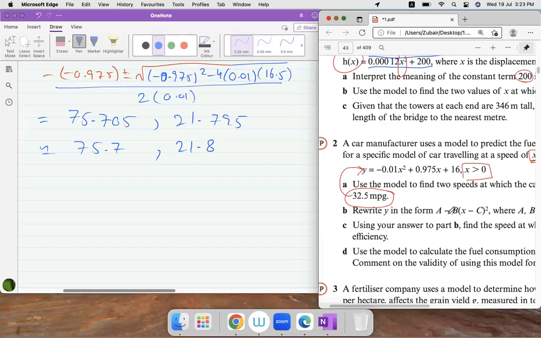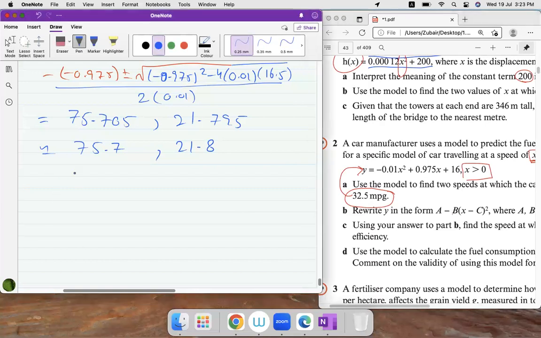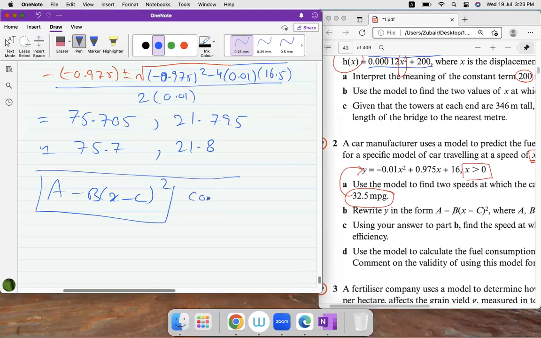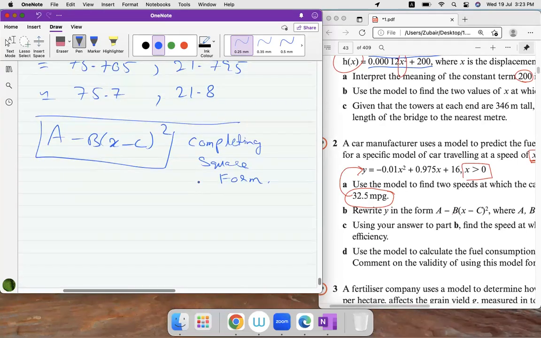It says rewrite the equation in this form. A minus B x minus C whole square. What do we call this form? Completing square form. So now we have to convert this equation into completing square form.